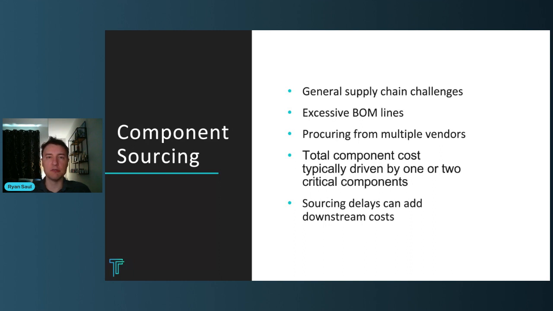It's very poor efficiency on their unique components, meaning they're not sharing passive values, and even though their design may only have 400 or 500 placements, it's got 200 line items on it. Whereas if you compare that to a very efficiently designed bill of materials, you might see 5,000 placements with only 250 BOM lines. So whenever you can reduce the number of BOM lines, that's going to save cost.